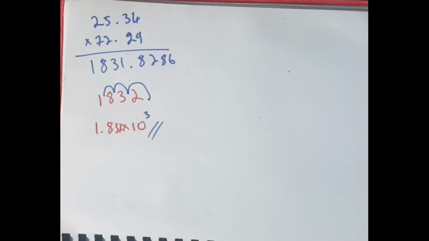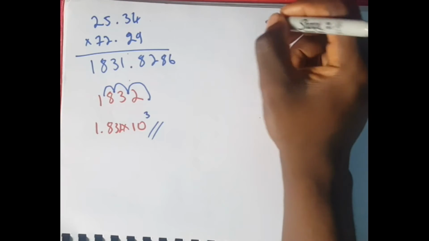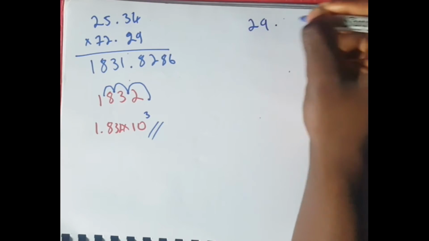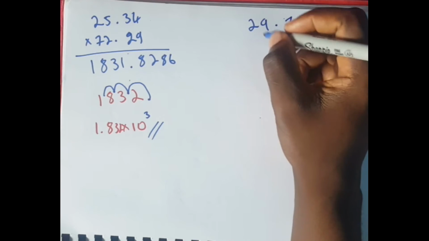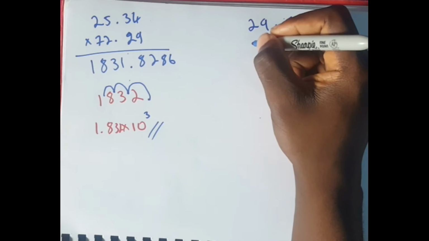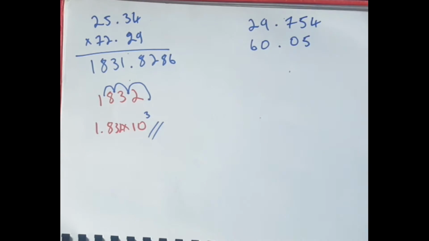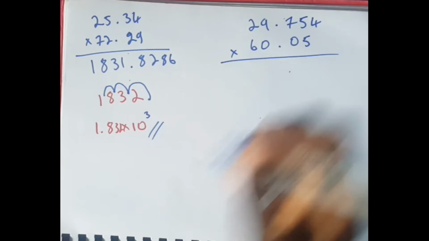Let's do another multiplication with different numbers. So say I have 29.754 and I have 60.05. And I'm supposed to multiply both numbers.